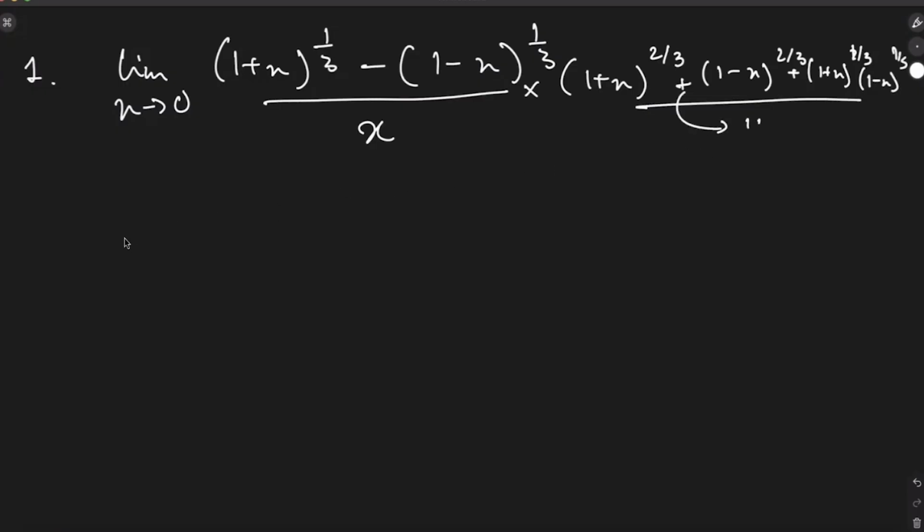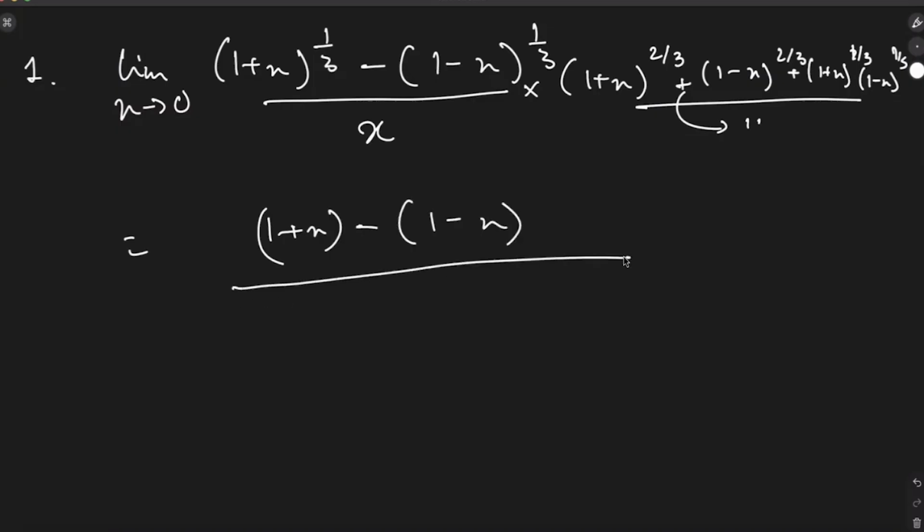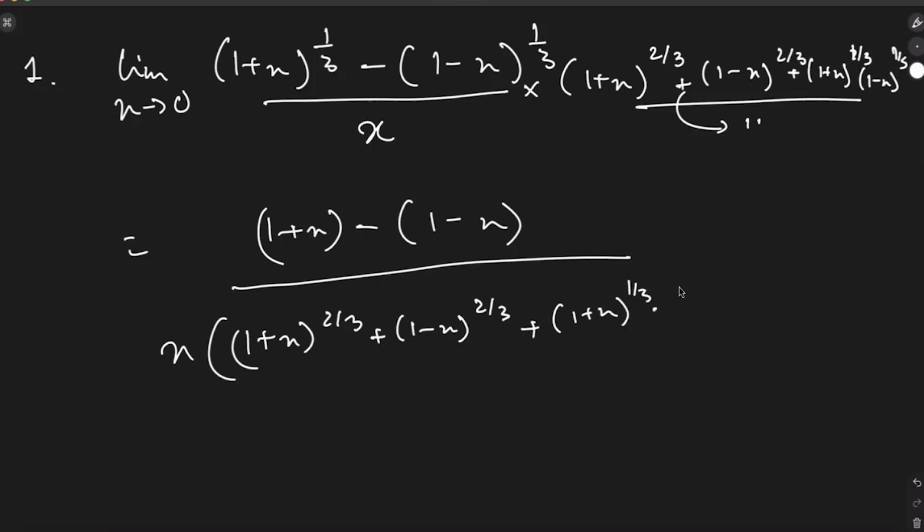Now, if I just multiply it, this is a cube minus b cube, and this is its complementary factor. So the numerator will be (1 plus x) minus (1 minus x), whole divided by x times the whole thing that I had written over here: (1 plus x) raised to the power of 2 by 3 plus (1 minus x) raised to the power of 2 by 3 plus (1 plus x) raised to the power of 1 by 3 dot (1 minus x) raised to the power of 1 by 3.